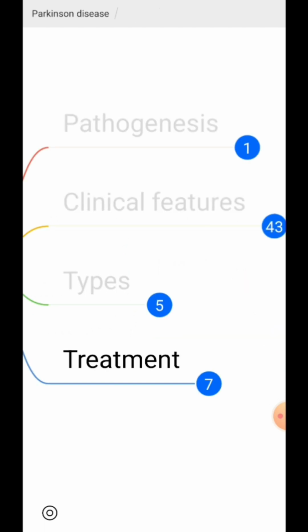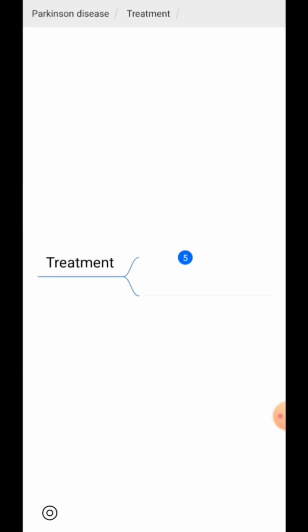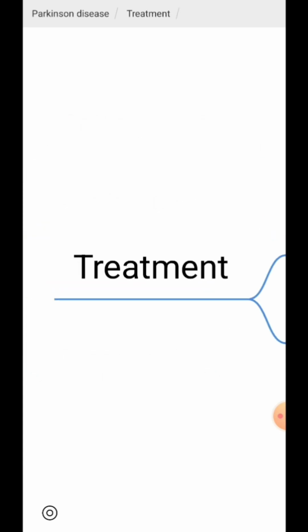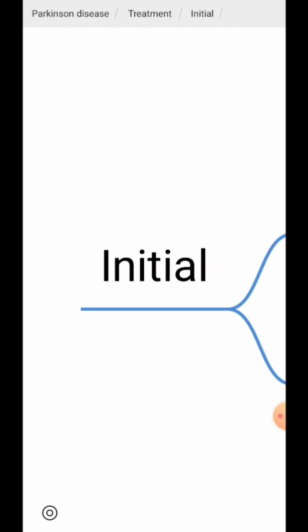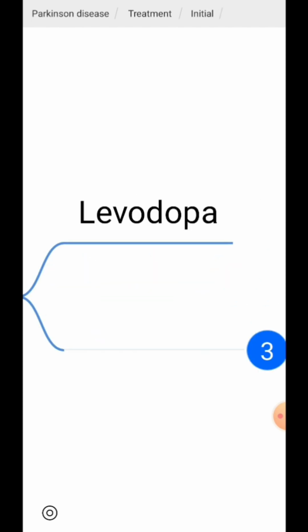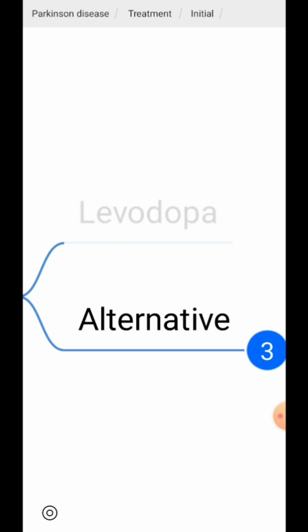Then, how can we treat Parkinson's disease? In the treatment, initial therapy you can do with levodopa. Levodopa is a precursor form of dopamine, and by giving levodopa you expect to replenish the deficient dopamine in the human brain.